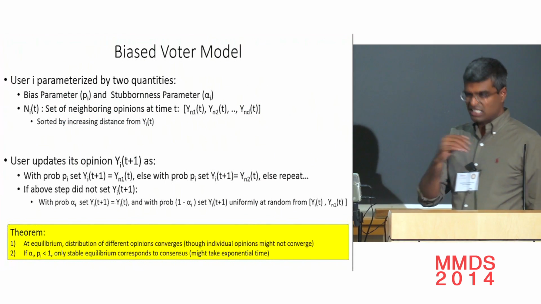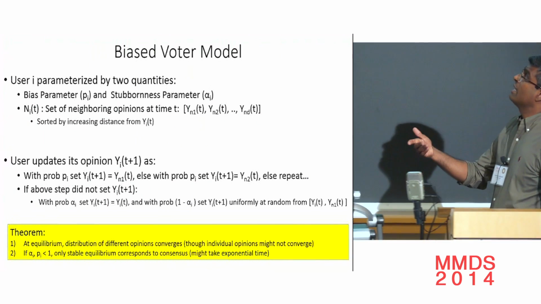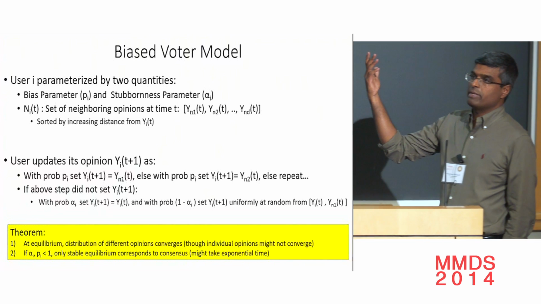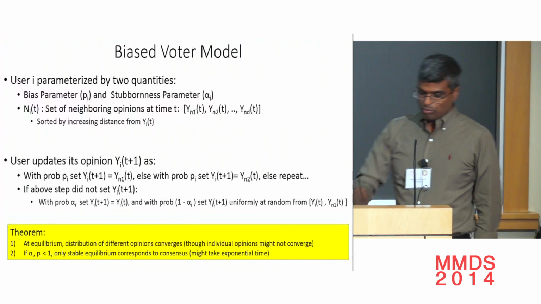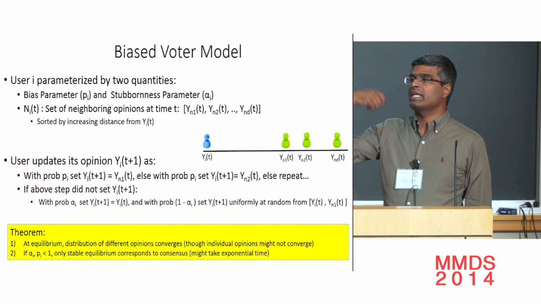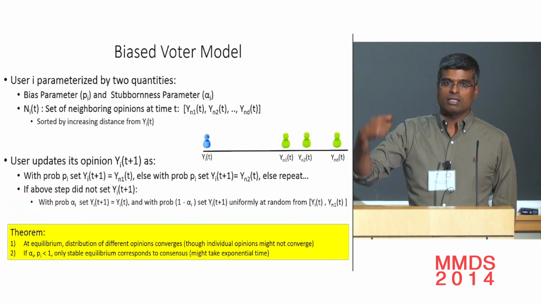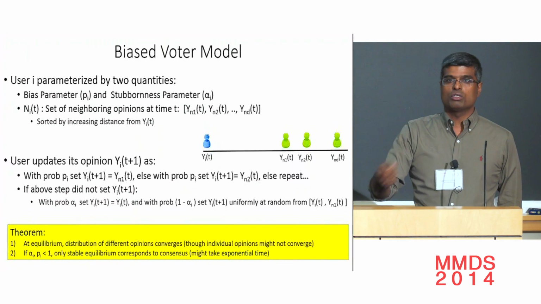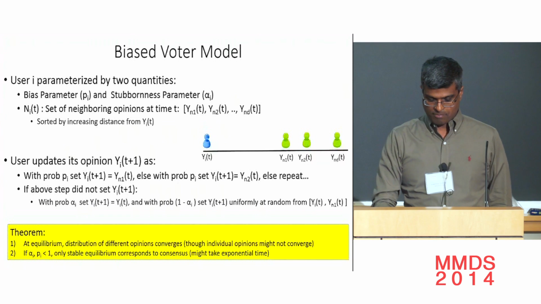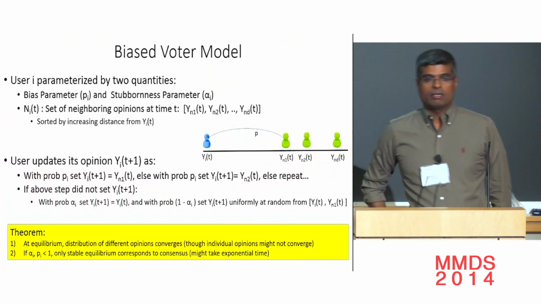This is an attempt to come up with a simple model that precisely tries to explain this behavior. It's a very simple model with 2 parameters. One is the likelihood, the bias, with which you go out and pick an opinion and adopt it, and the other is the likelihood that you stick to the opinion you have. That is the bias parameter p and the stubbornness parameter alpha.